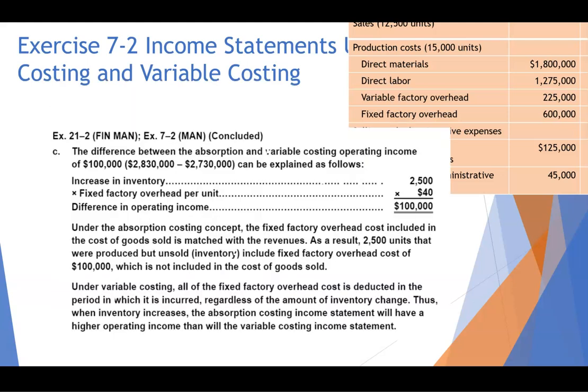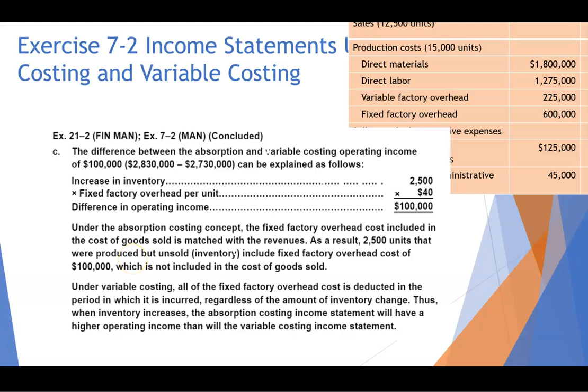The difference between the two methods is shown. The increase in inventory of 2,500 units at the fixed $40 per item, that $100,000, is added to or subtracted in order to get to our operating income.